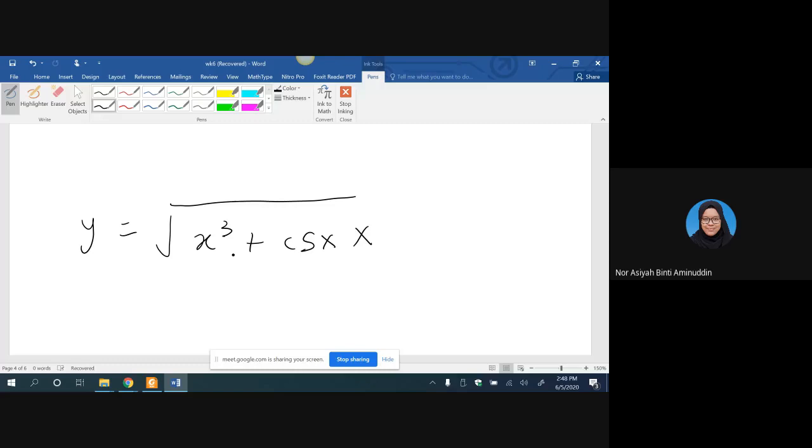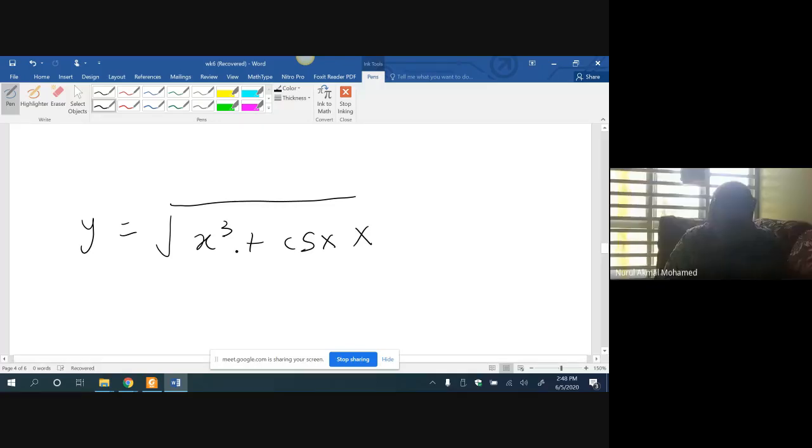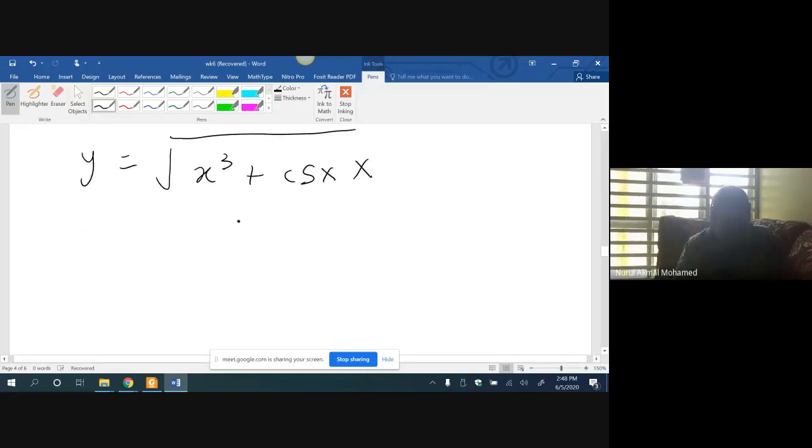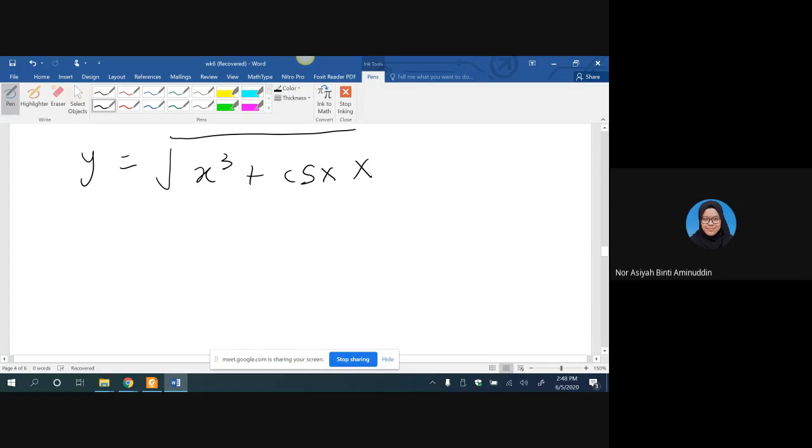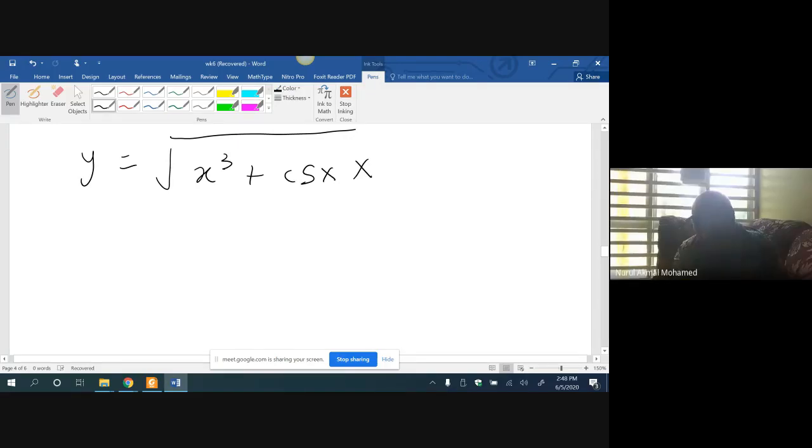Before that, we have to represent some new variable so that we can apply the chain rule. How are we going to do this?